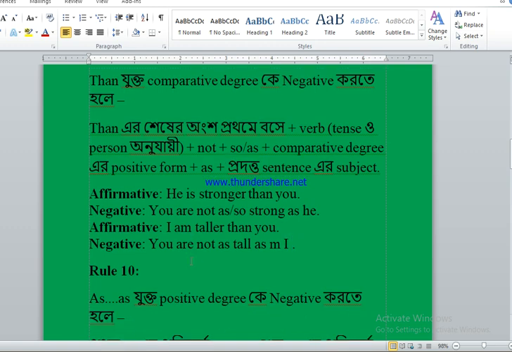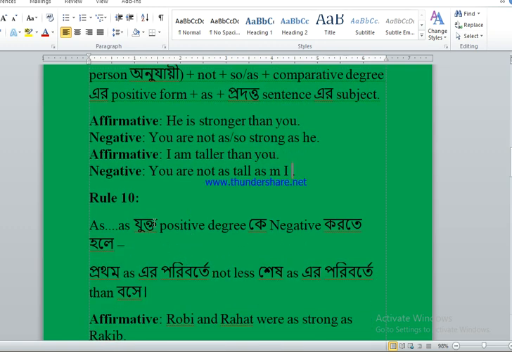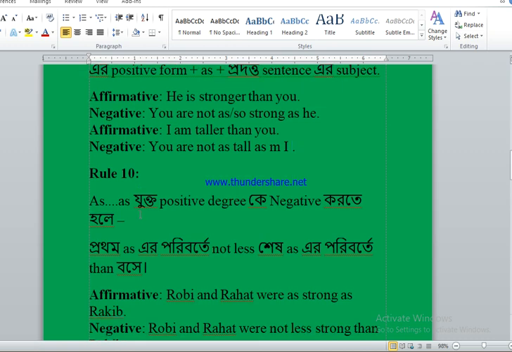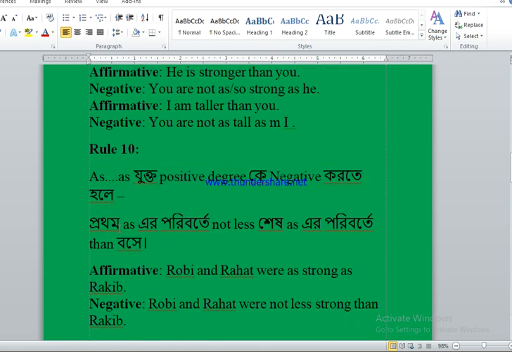Okay, rules number 10. I hope you are clear about rules number 8 and 9. Now we will see rules number 10. My dear students, if you see as dot dot as in your positive degree, you can change it into a negative sentence this way.